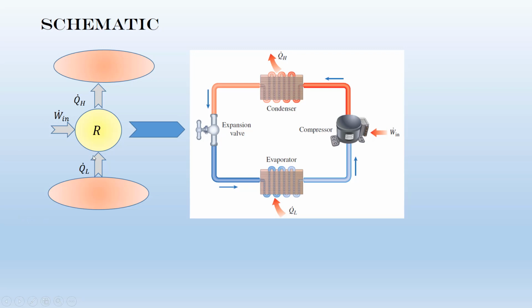Then we have some information for the compressor. You know that each refrigerator has four pieces of equipment: evaporator, compressor, condenser, and the expansion valve. On the left side you can see the general schematic for the process, and on the right side you can see the refrigeration cycle. Now please spend 2 minutes and transfer all available information to this schematic.